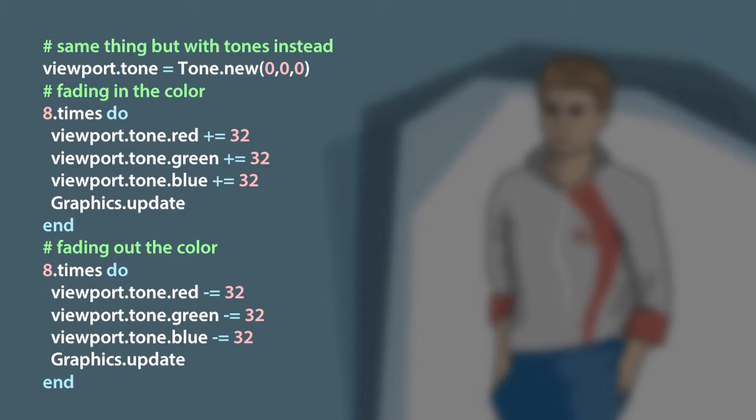But the tone, like I said before, behaves a little bit differently from colors, because colors are going to be overlaying their color of pixel on top of your rendered sprites, while the tone is going to take the actual pixels of the sprite or the bitmap or whatever you're applying the tone to, and it's going to change the tint of each of the individual pixels inside of that given sprite or the viewport.